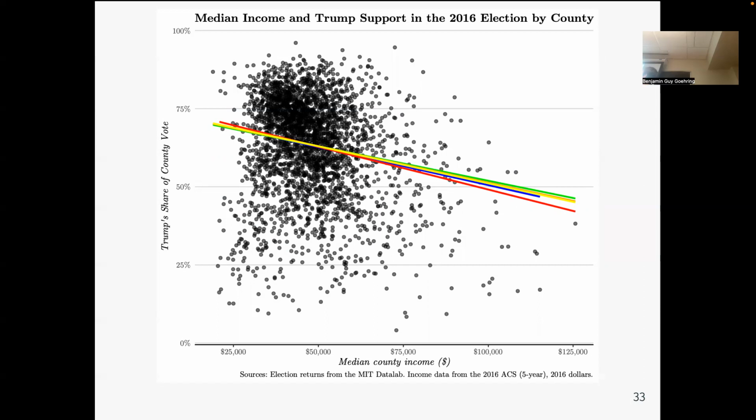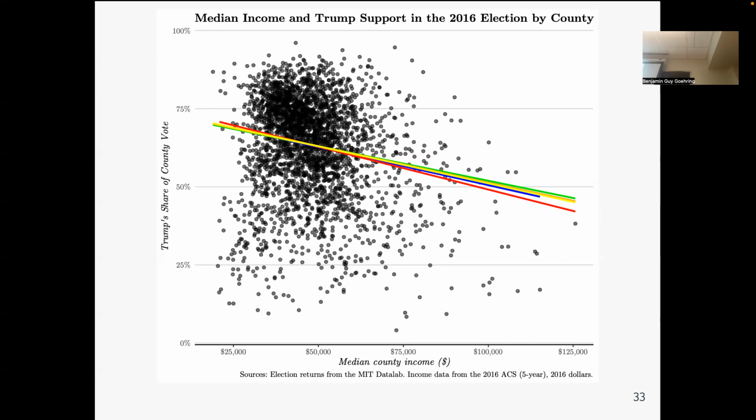So this is kind of giving us a sense of how much our value of beta varies. What this is capturing is that we have a lot of variation in our data, right?